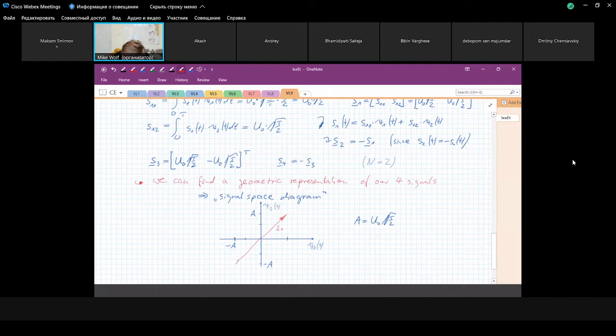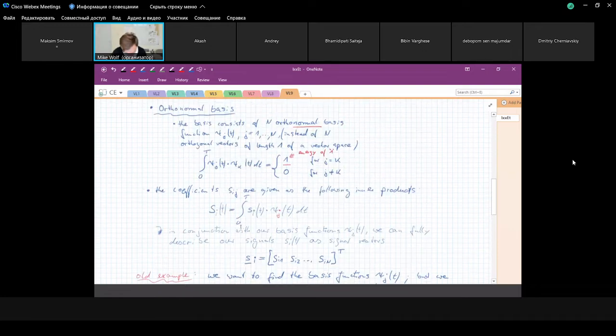This is just S2, because it has the coordinates minus A and minus A. So the third signal vector has A and minus A. This is this one, right? This is the third signal vector, S3. And the fourth signal vector, which represents our fourth signal, is this one. So this is S4.